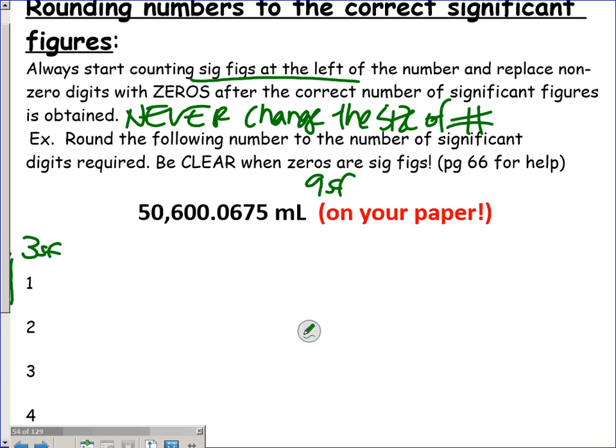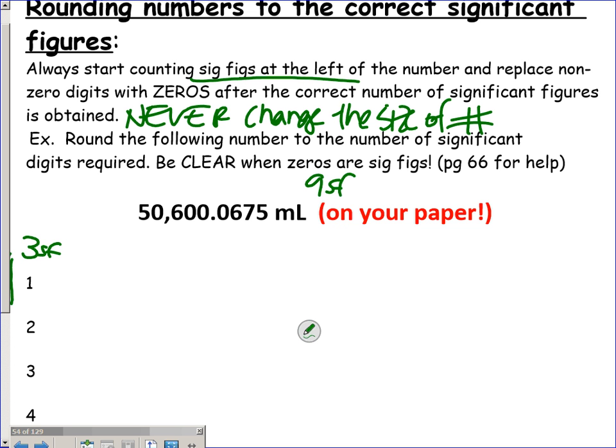In the end, every single time we make our answer final, it's still going to be about 50,000, right? You're not going to round it to 5, because 5 and 50,000, that's totally different. You're not going to round it to 50. You're not going to round it to 560. You're not going to round it to a number that's significantly different than what this number is. This number is almost 60,000, so we can't round it to something totally different.